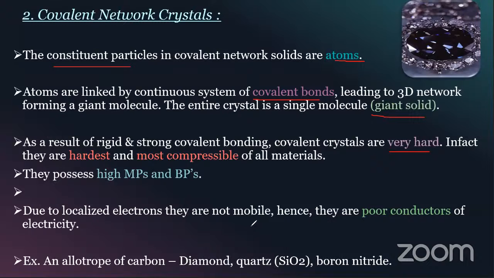If not, there will be no conduction of electricity. And here, because there is no space for the electrons to move, they are poor conductors of electricity. Example, an allotrope of carbon, we know diamond. Then another example is quartz, which is SiO2, and we have boron nitride, which is again an example.